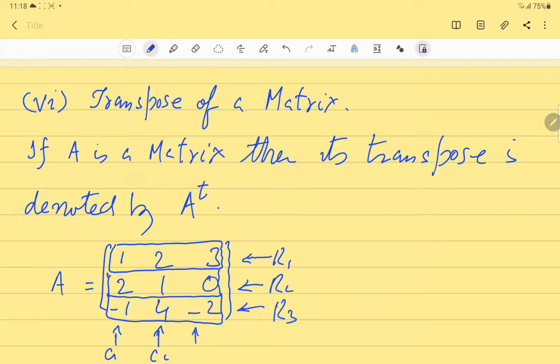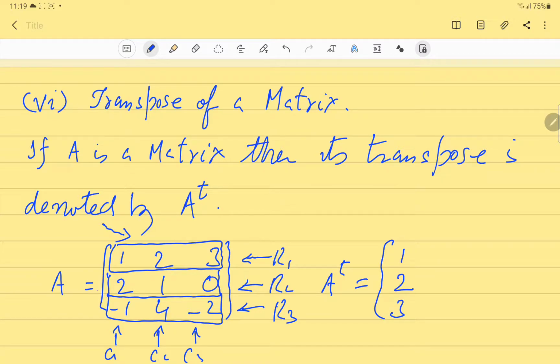And these are the columns C1, C2 and C3. What we will do is bring the elements of R1 into the place of C1. So how will we do it? Let's see. AT is equal to, this is the first row, we will make it the first column, so we will write it like this: 1, 2, 3.